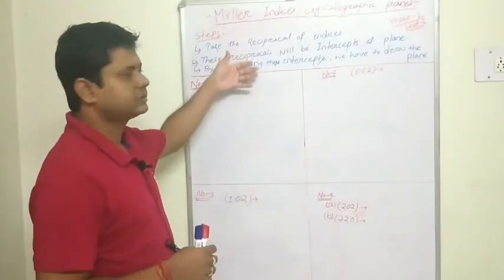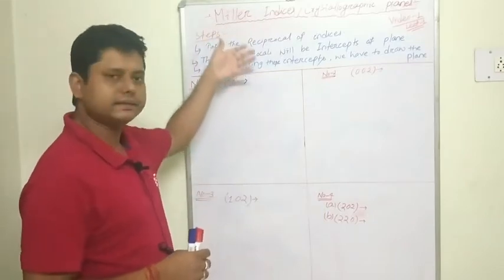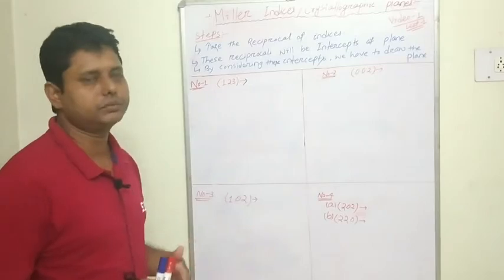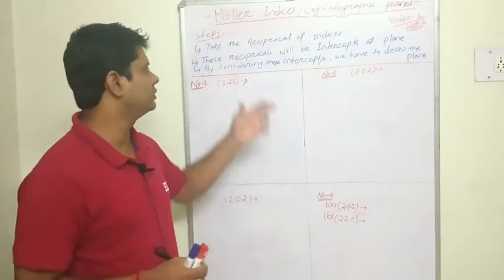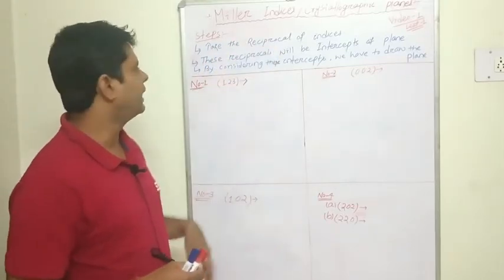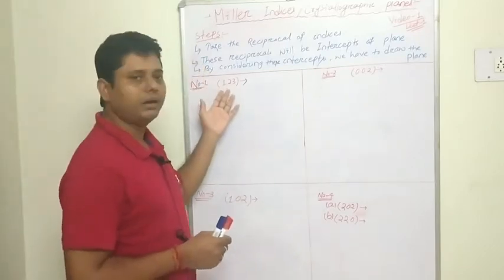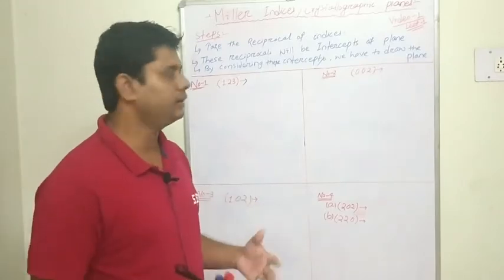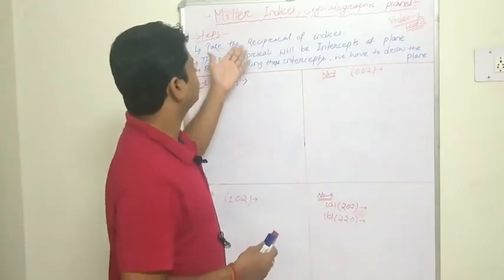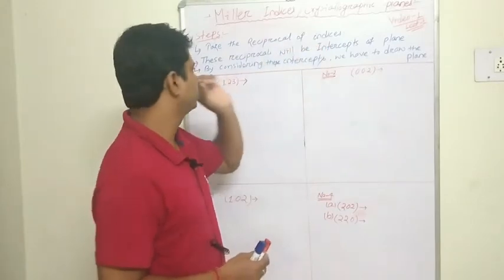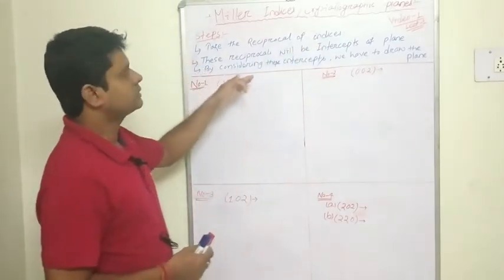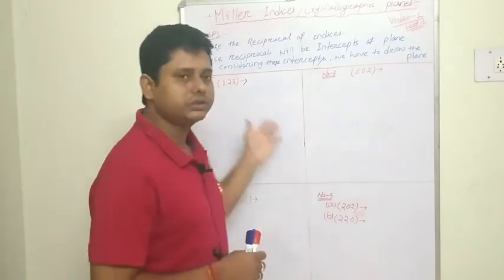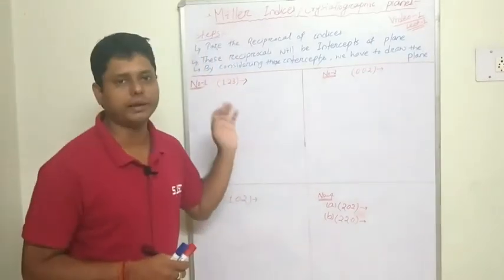These are the simple steps we have to follow, and the detailed steps and procedures we discussed in that video. Whenever we want to draw the plane from the Miller indices, first we have to take the reciprocal of the indices. These reciprocals will be the intercepts of that plane, and by considering these intercepts we draw the plane.